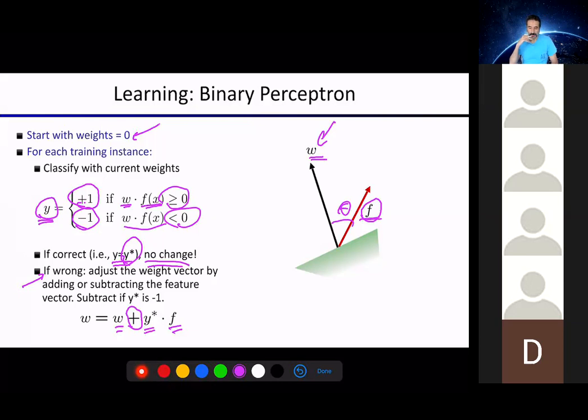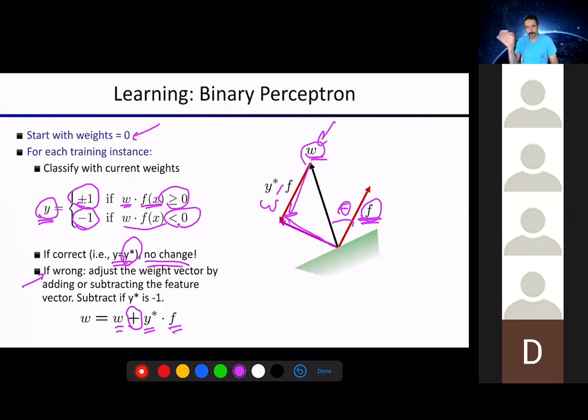So meaning that this has a bias toward this feature vector, we need to move it away from this feature vector toward this. And the way we do it, basically, we subtract this feature vector from the current W, and next time this is the W prime, or basically the new weight vector for this binary classifier.